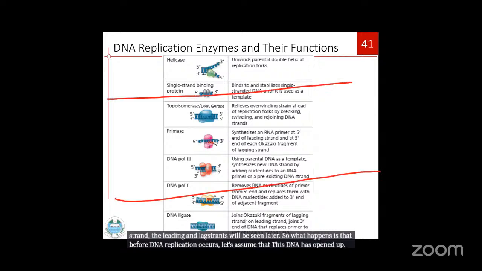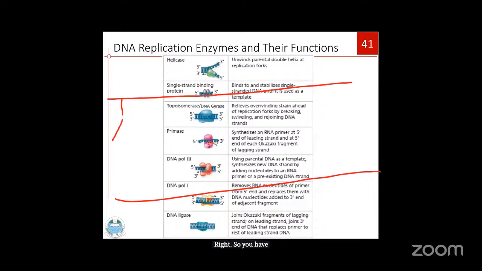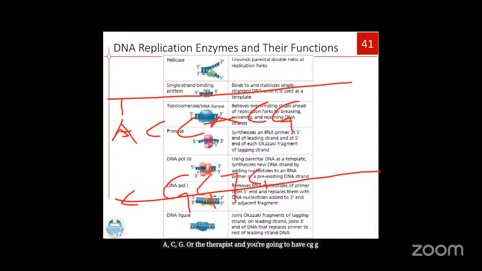Maybe this strand is A, C, C, A, C, G, and the template strand is C, G, G, T, G, C. Each of them will serve as a template for DNA replication, forming its own DNA strand.